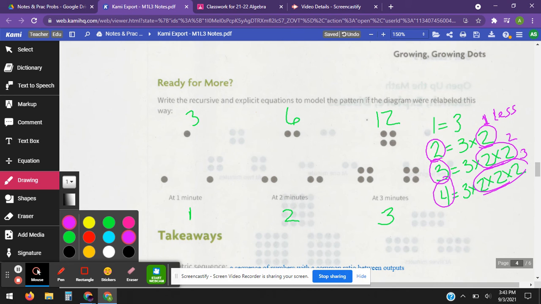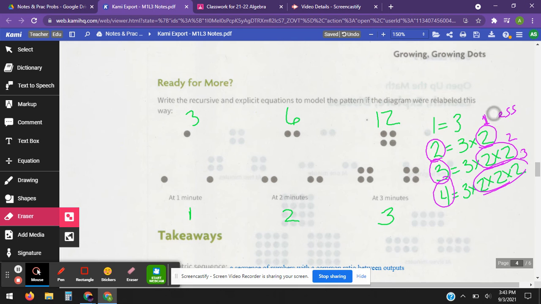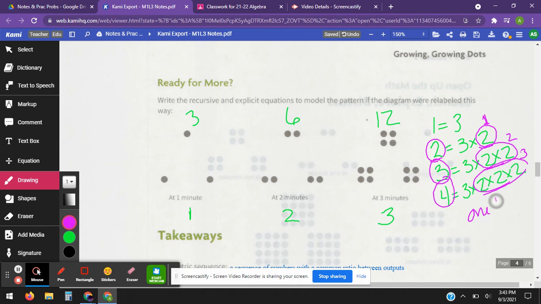So notice how we have a difference. 2 means I need 1. 3 means I need 2. 4 means I need 3. So I need 1 less 2.